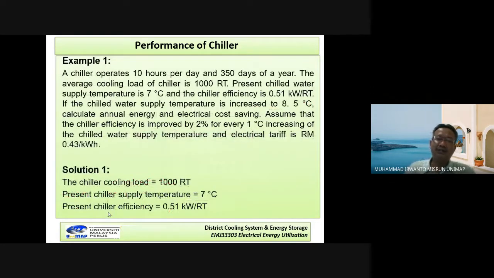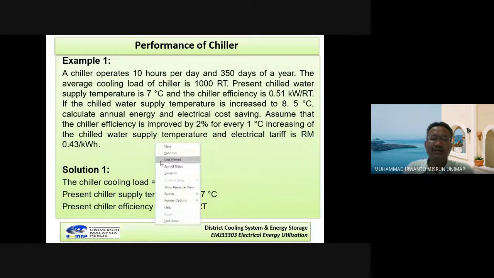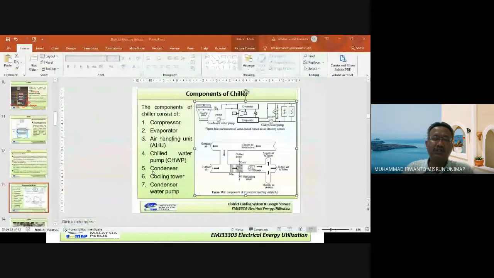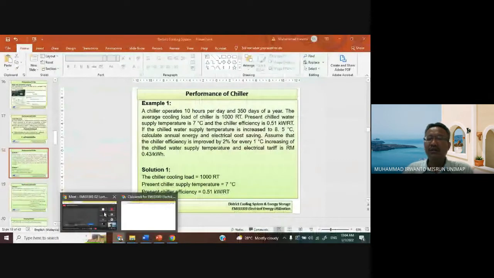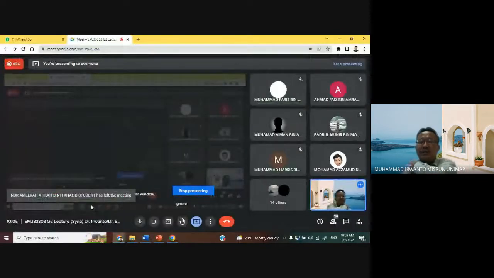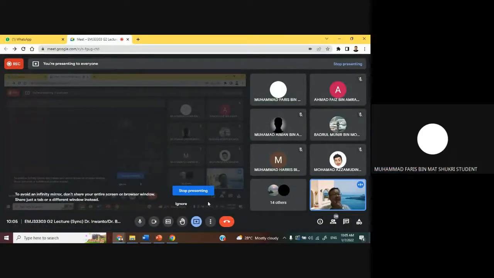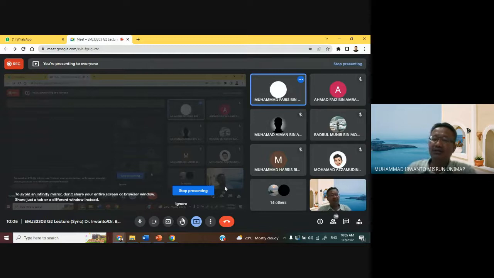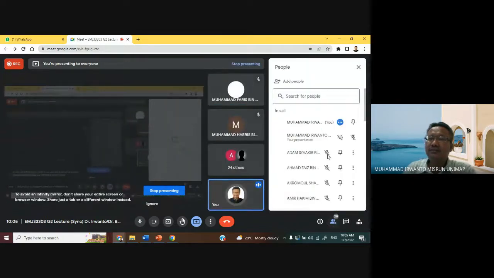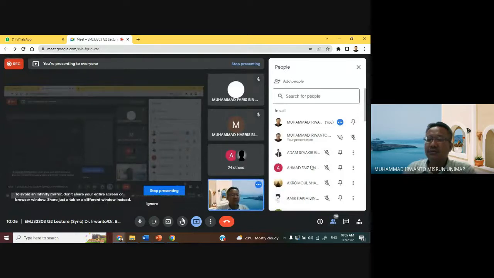Any question? Any question before we discuss about the example? Any question, Faris? Aiman? Haris? Muhammad Azamuddin? No question. Faris? Faiz? Badrul? Any question, Badrul?